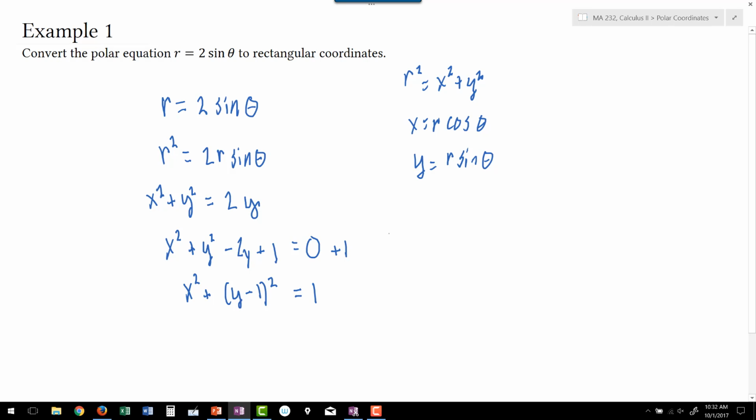We might recognize that the resulting equation is a circle of radius 1 centered at the point 0, 1. So that looks like 0, 1 is here, and we've got a circle of radius 1 there.